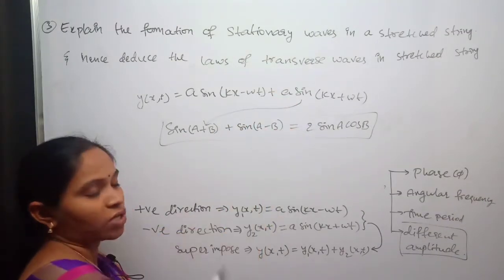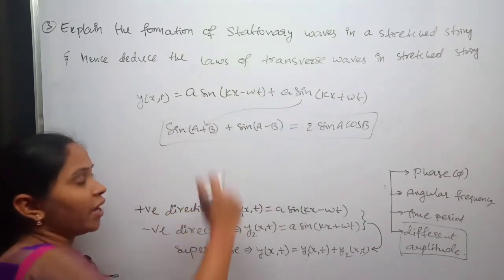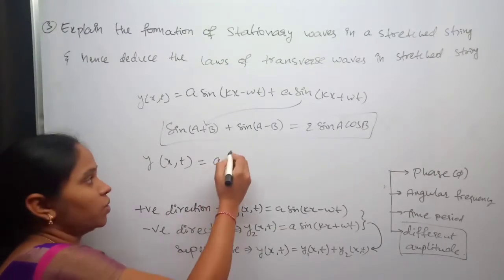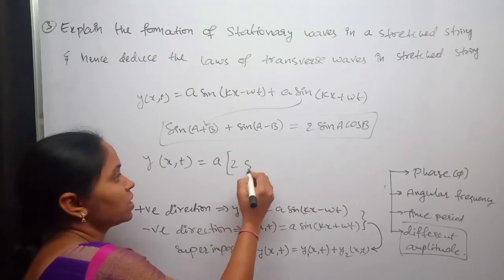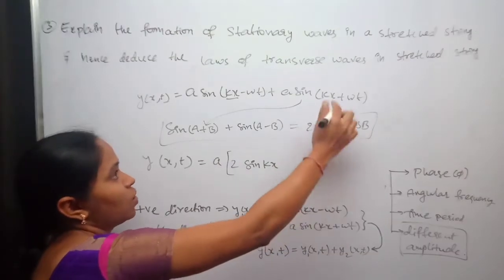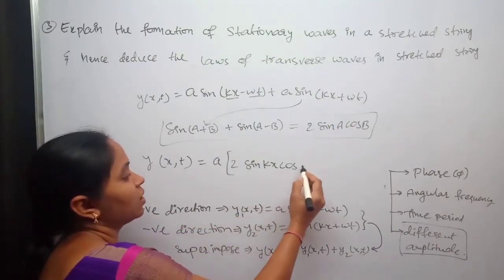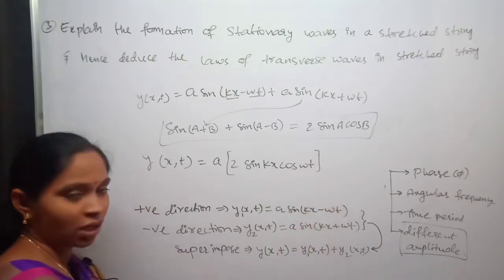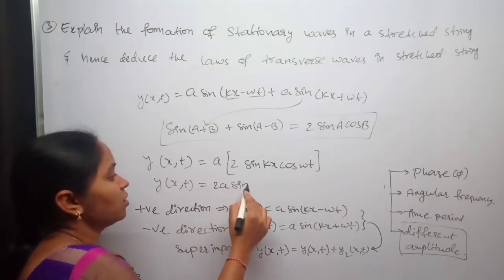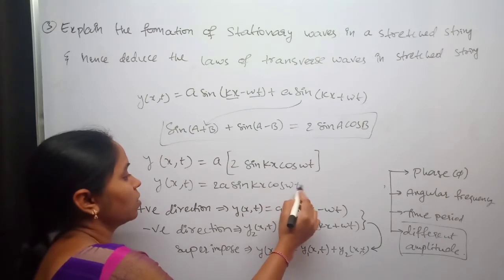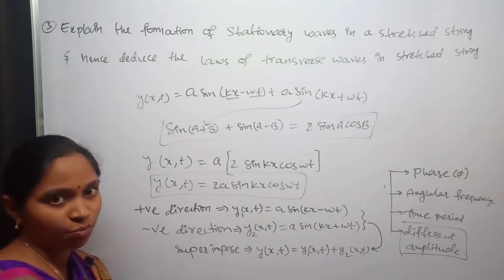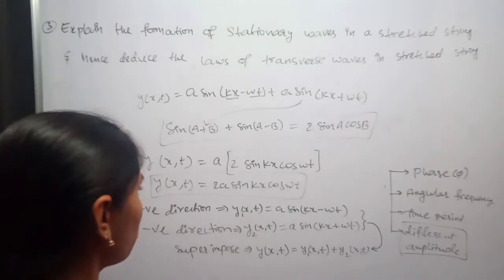If you relate both these equations and take a common, you will have 2a sin A, what is A here? kx. 2 sin kx into cos B, what is B here? We have ωt. Therefore y(x,t) = 2a sin kx cos ωt. This is the resultant displacement equation according to the superposition principle. You just copy this.